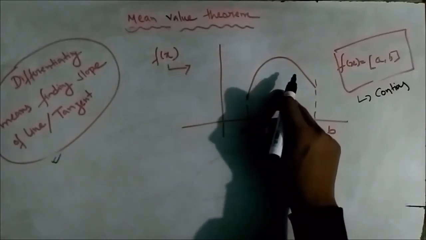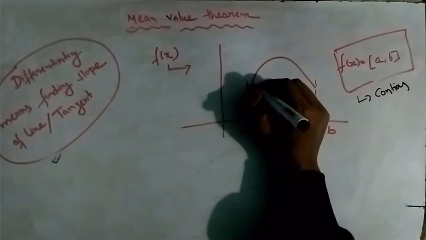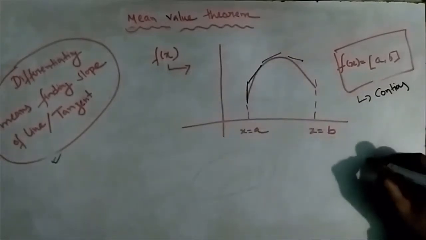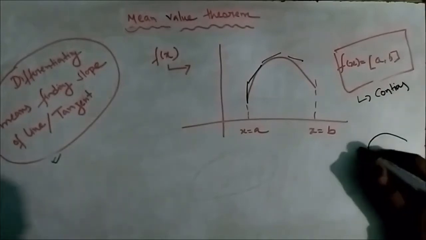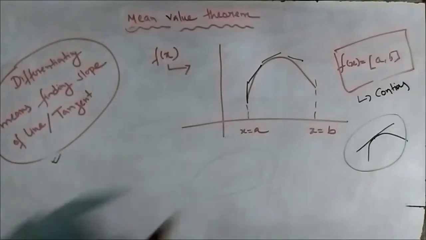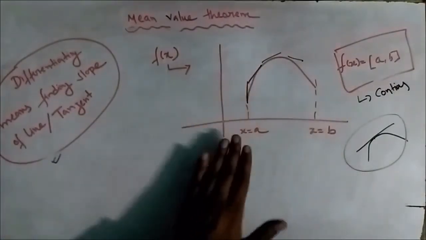You can draw the tangent anywhere in this curve. Tangent means a straight line passing through a single point on any curve. This is the concept of tangent. So you can draw the tangent anywhere in this curve between a and b.